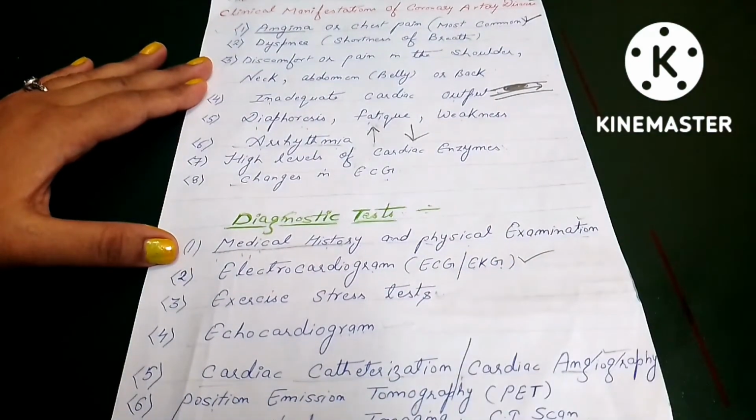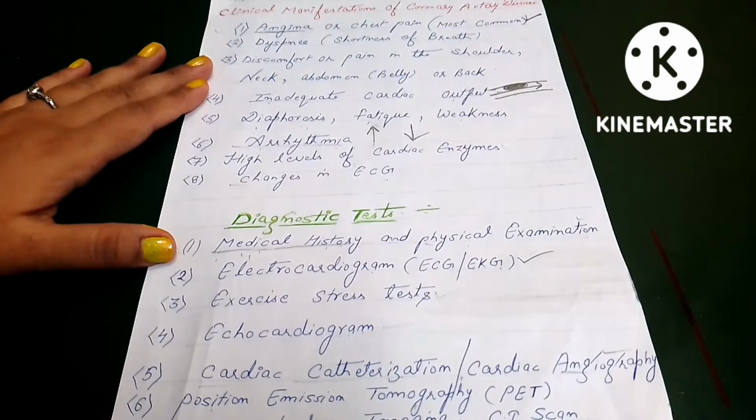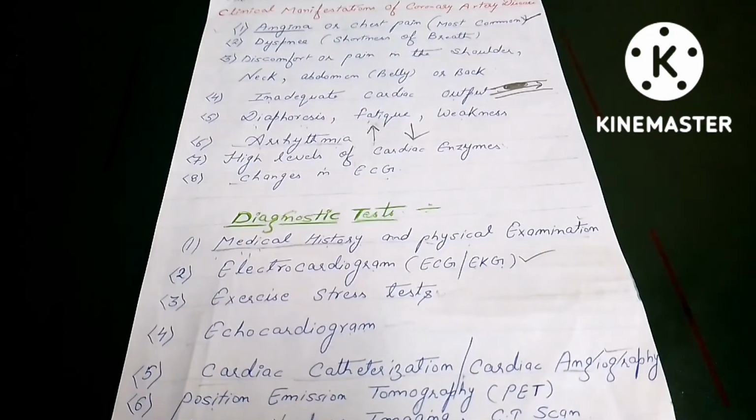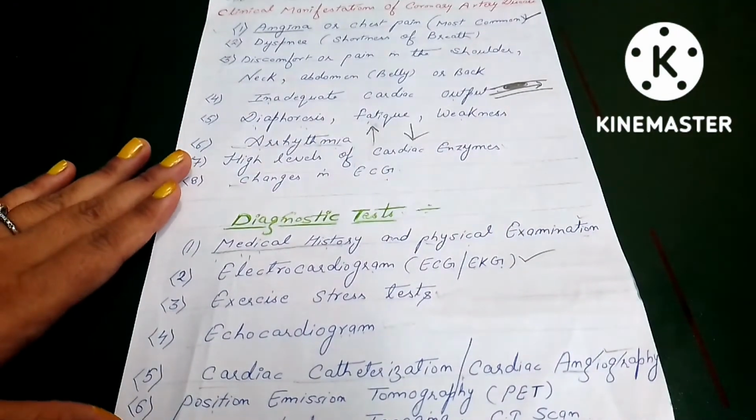It's a graphical presentation in which the electrical activity of the heart is noted. The signals coming from the SA node and going through the AV node, which are mainly for the contraction and relaxation of the heart, we can note in graphical form on paper, which is called an electrocardiogram, showing the heart rhythm and rate.